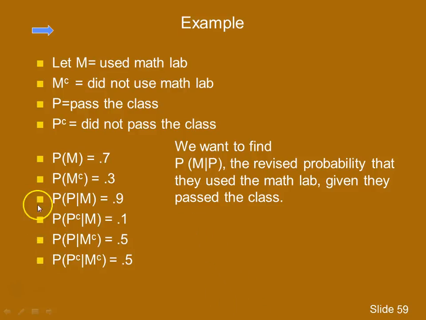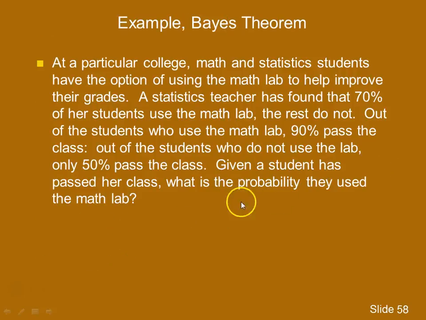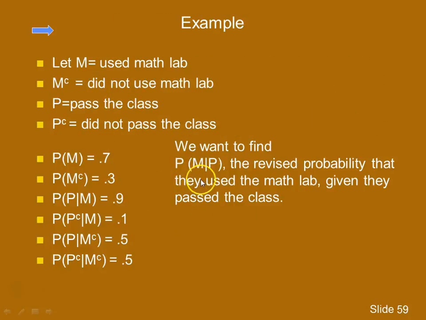We then have a bunch of conditional probabilities. And eventually the problem is going to ask us for the opposite order conditional. As it says here, given a student has passed the class, what's the probability they use the math lab? So we want this probability right here. Given they've passed, what's the probability that they use the math lab?